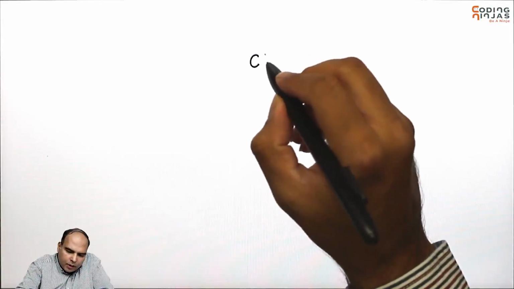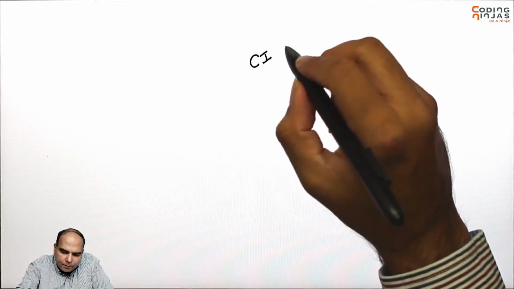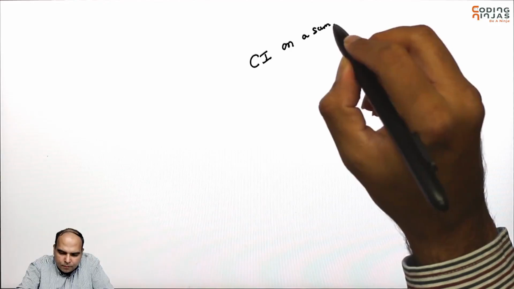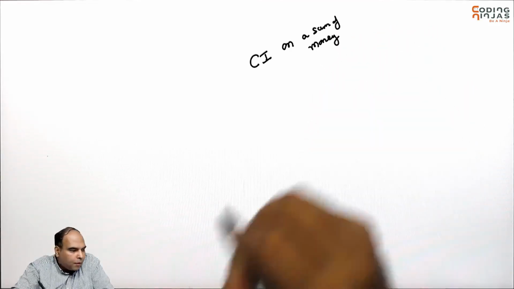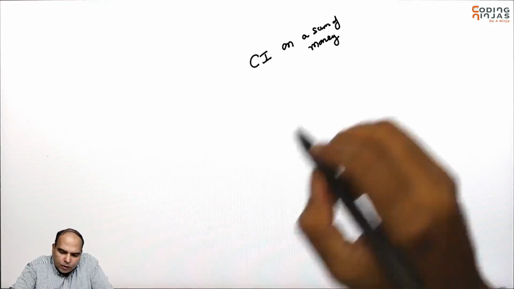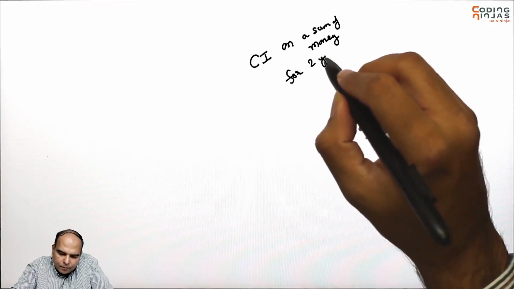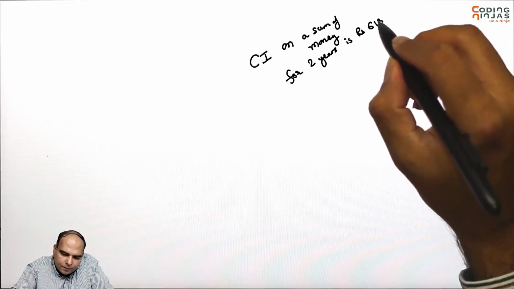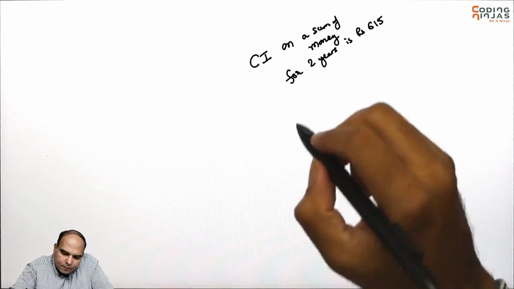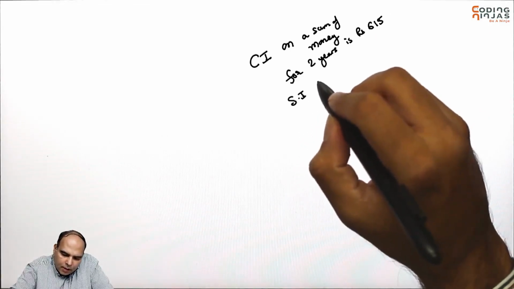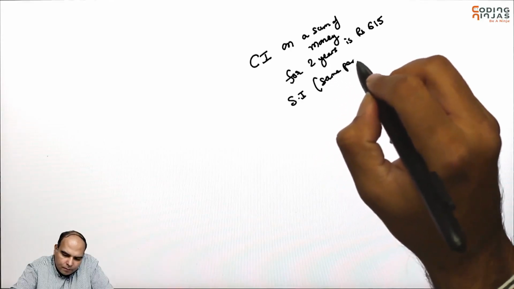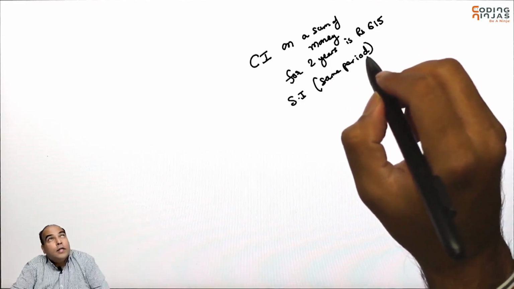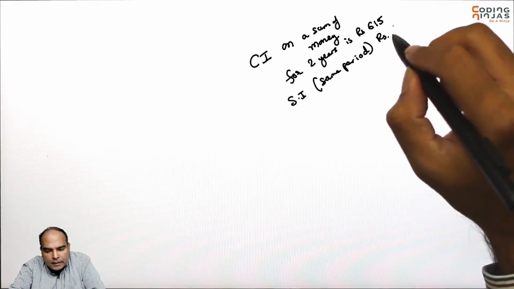So the first question for you, which is the combination of simple and compound interest, is a question like this, which says that the compound interest on a sum of money for 2 years is rupees 615, while the simple interest for the same period is rupees 600.